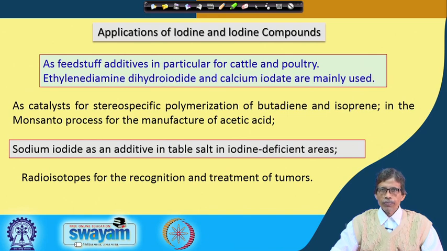Iodine 54 is very useful for diagnosing or sometimes treating tumors, because it emits radioactive radiations which can basically attack your tumor. So, it also has a medicinal application, or the corresponding application in the medical industry. So, we need radioisotopes of iodine which are medically useful for some treatments.